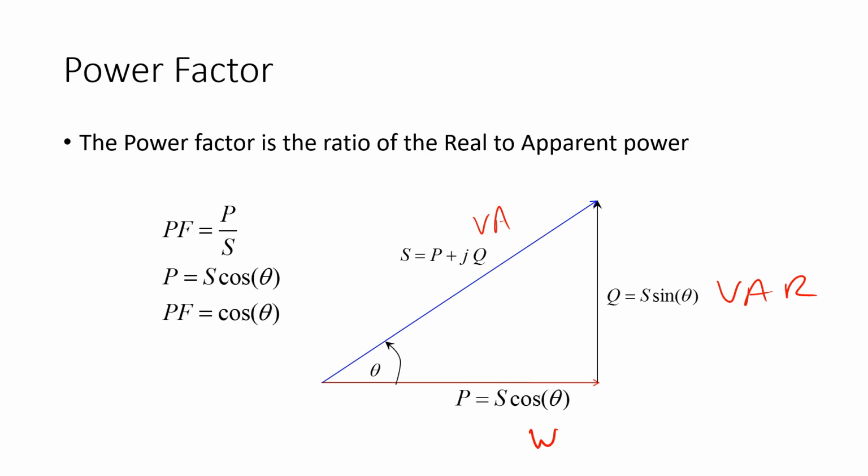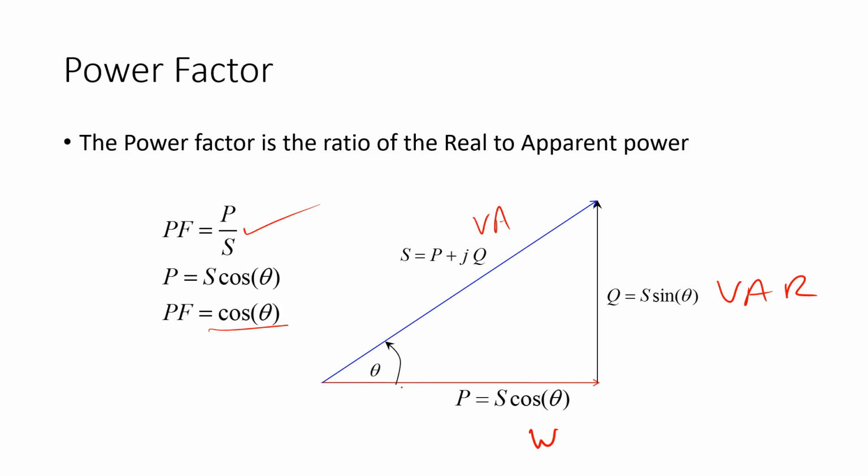Now the power factor is defined as the ratio of the real power to the apparent power, which is P on S. If we look at the triangle, P on S is the same as the cosine of the angle between them.